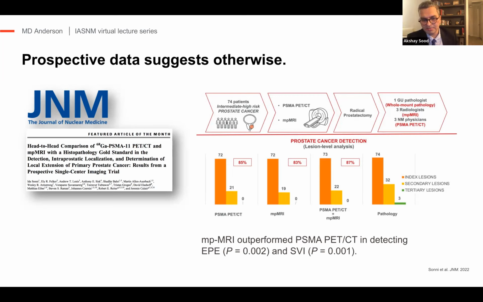So clearly, multiparametric MRI is superior in that regard. But with regard to intraprostatic lesion detection, what you can see here is PSMA PET-CT, multiparametric MRI, and the combination. They all have equivalent sensitivities, all in the mid-80s. So again, the combination versus either imaging alone doesn't really provide any benefit.